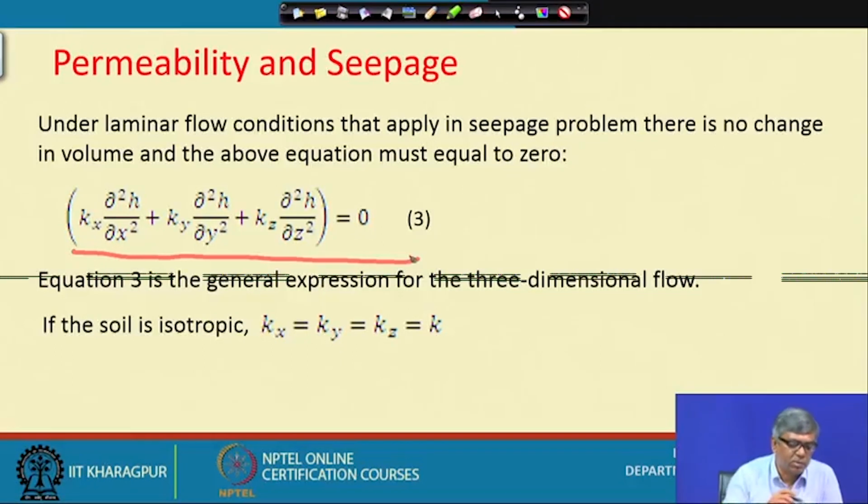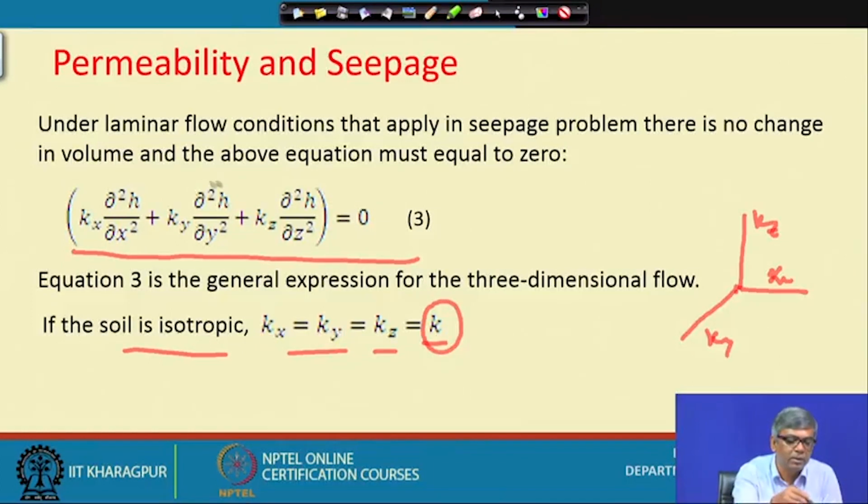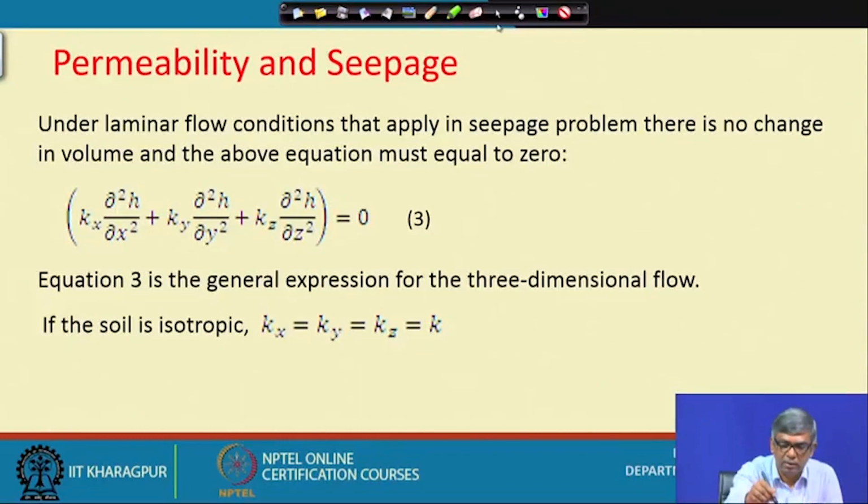If the soil is isotropic, that means k x equal to k y equal to k z equal to k. That means in all directions the coefficient of permeability is the same, so this can be taken as k. If I put k everywhere, k cannot be 0, so k is taken out, and either k is 0 or the remaining portion is 0.